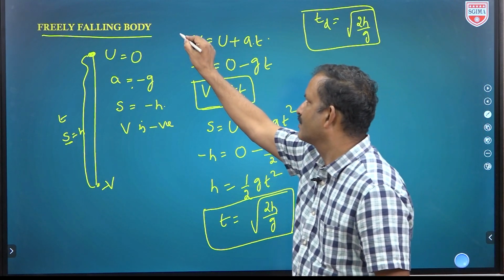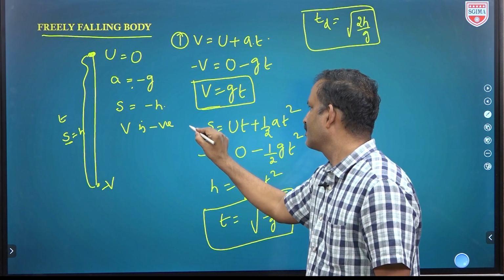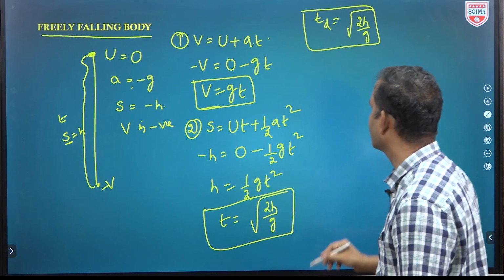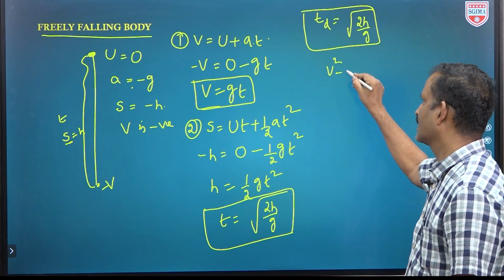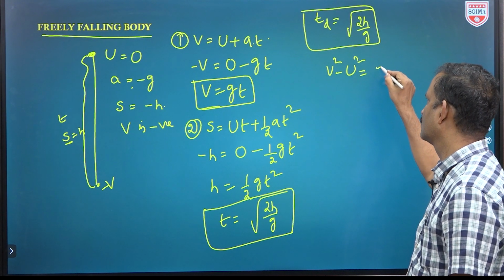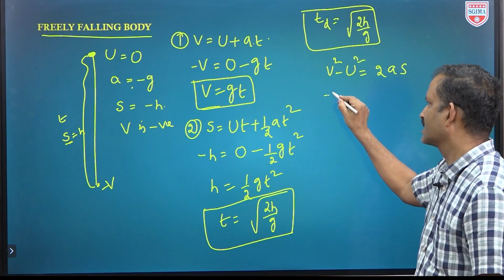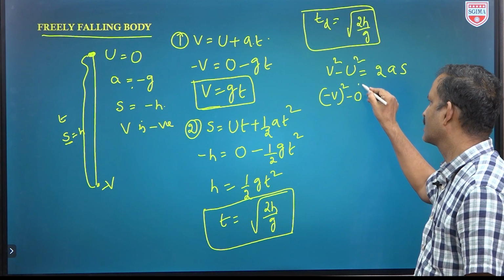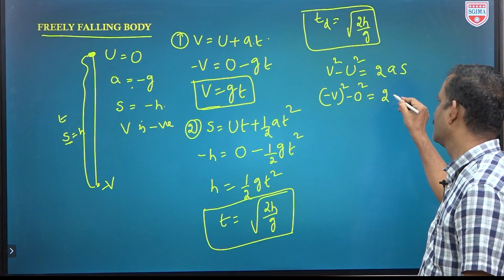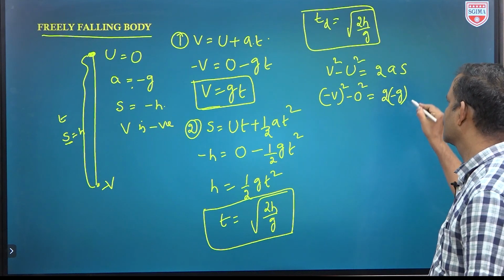This is the first formula completed. This is the second formula completed. Now the third formula. What is that third formula? v square minus u square is equal to 2as. Here u square is 0 square, a is minus g, and s is minus h.